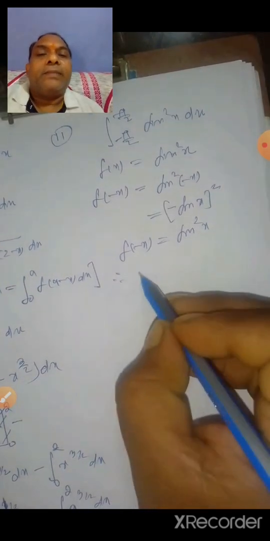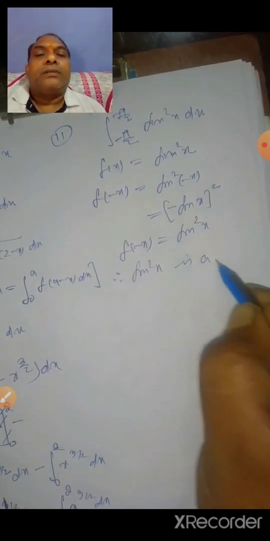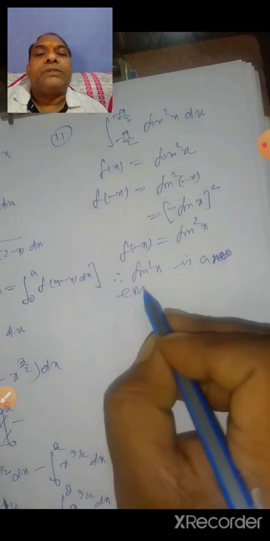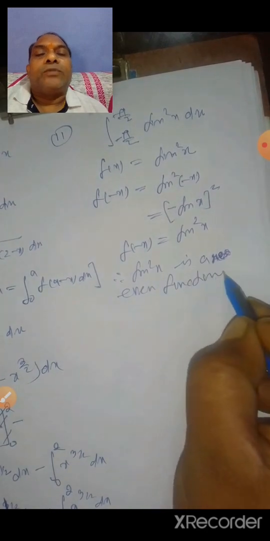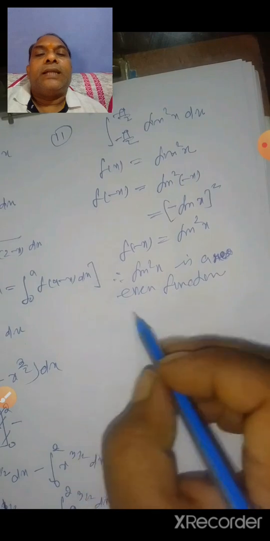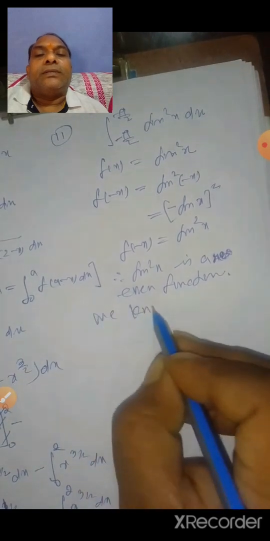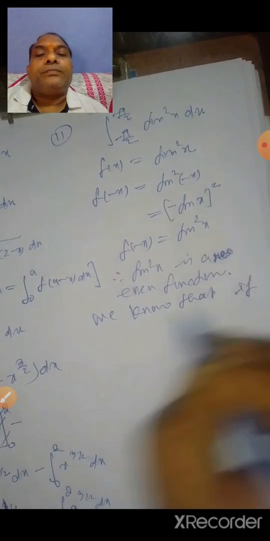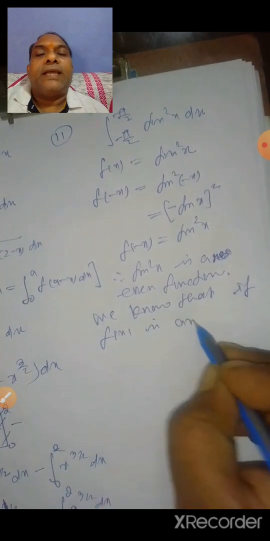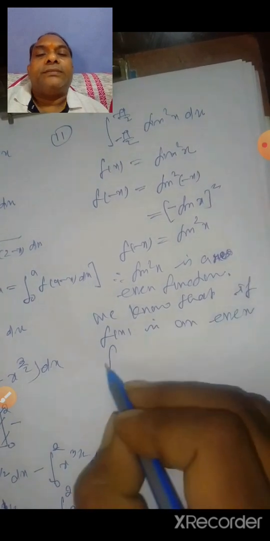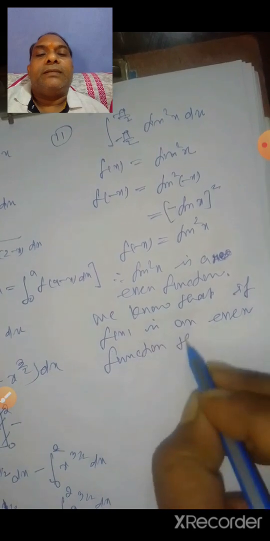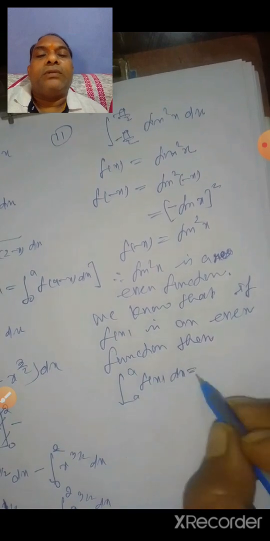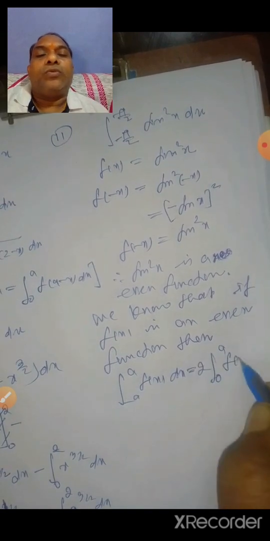It means sine square x is an even function. So now apply the property. We know that if f(x) is an even function, then integration minus a to a f(x) dx is equal to twice of integration 0 to a f(x) dx.